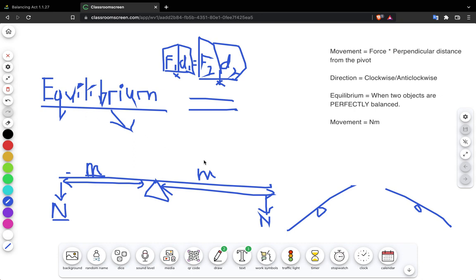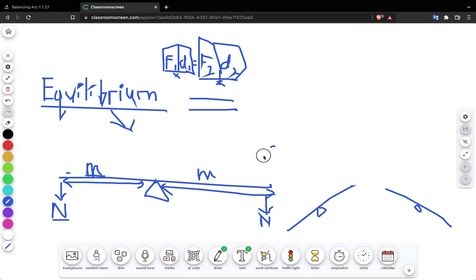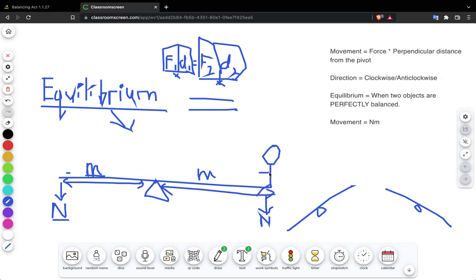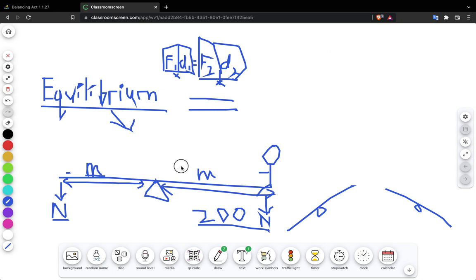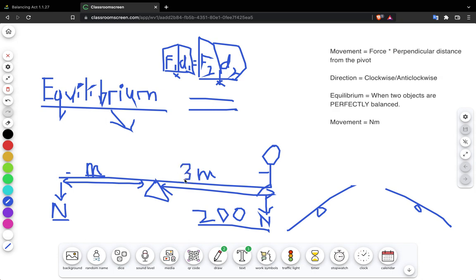Now, for example, again, let me just say there's a kid, just a small kid, and he's only 20 kilograms. His weight, his force, is only 200 newtons. But there's a lot of space between him and the pivot. So that would be, let's just say, 3 meters.